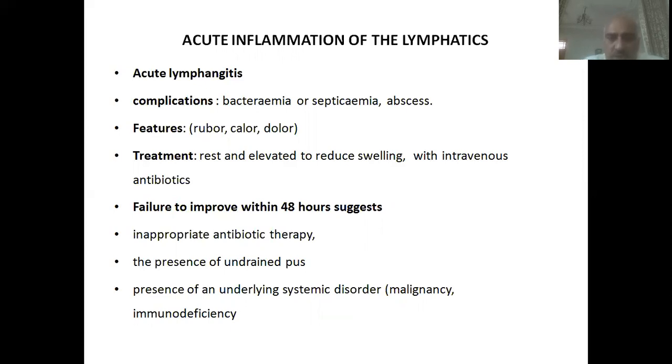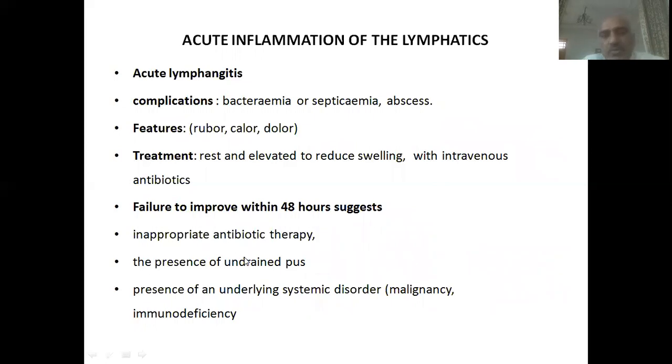Now, this elevation is especially for the upper limb. When there is acute lymphangitis, you will elevate the limb so that the pain is reduced. Now, it should improve in 48 hours.